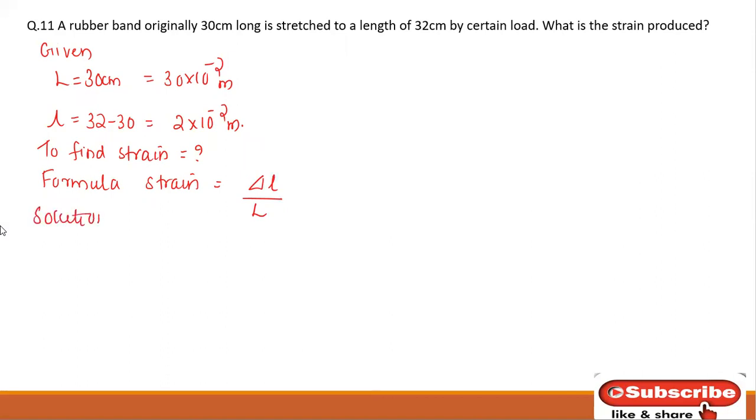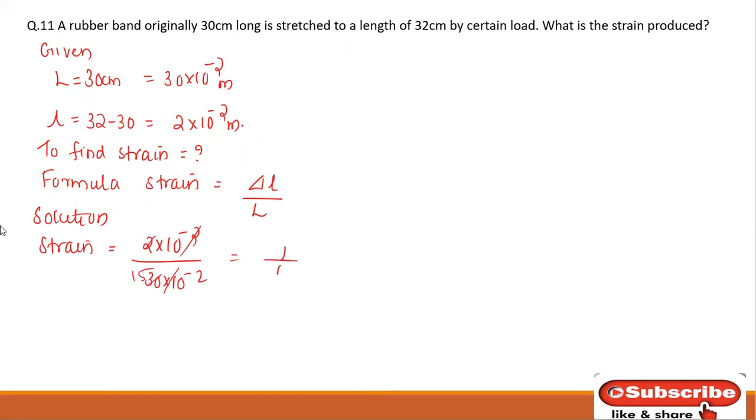Solution is strain is equal to change in length is 2 into 10 raised to minus 2 upon original length is 30 into 10 raised to minus 2. 10 raised to minus 2 will get cancelled. 2 upon 30 is 1 upon 15.